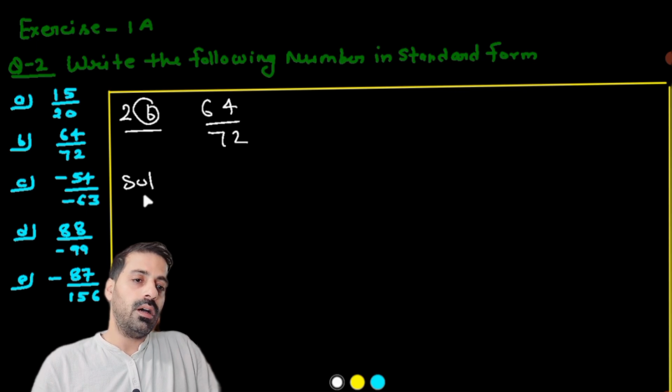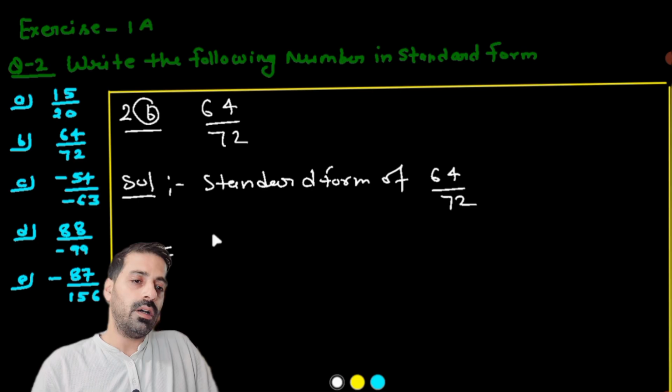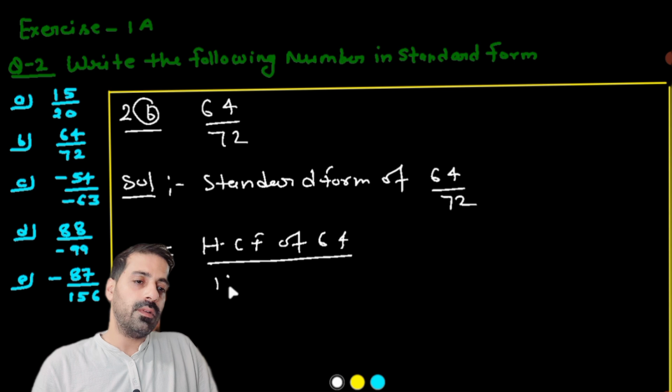Now again I write the standard form of 64 upon 72. So here again I can write the factors of 64 and the factors of 72.